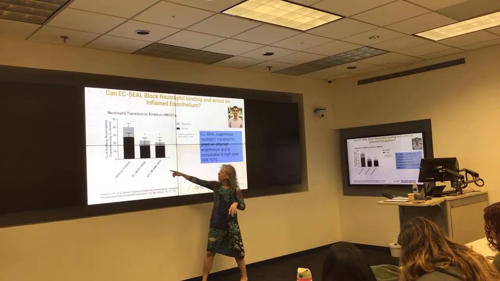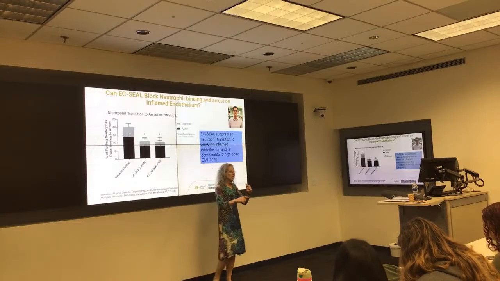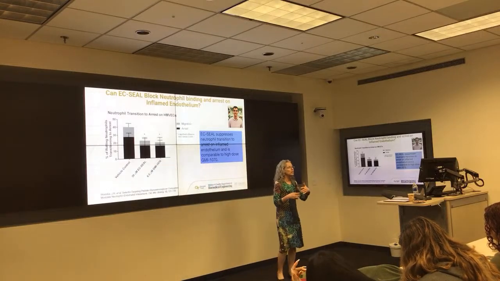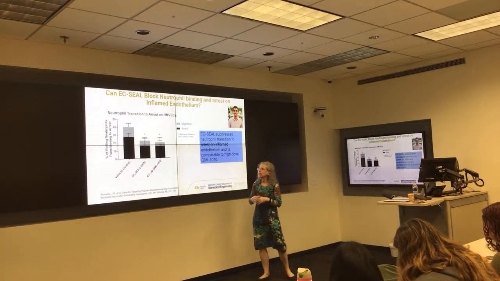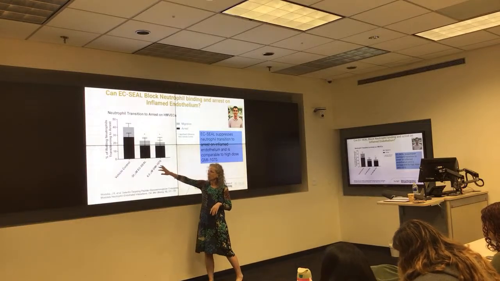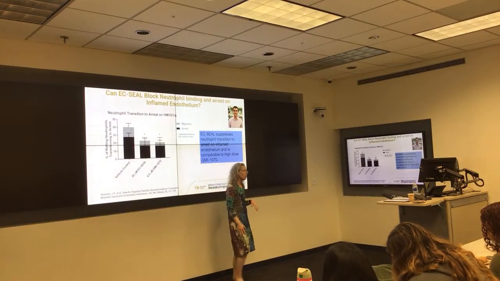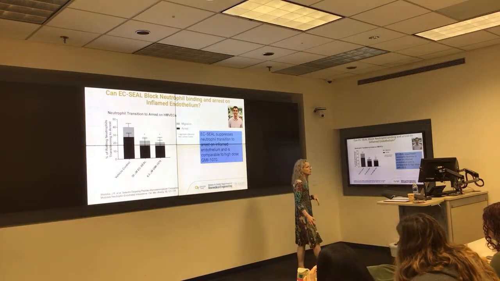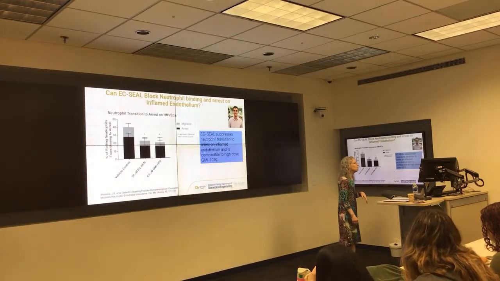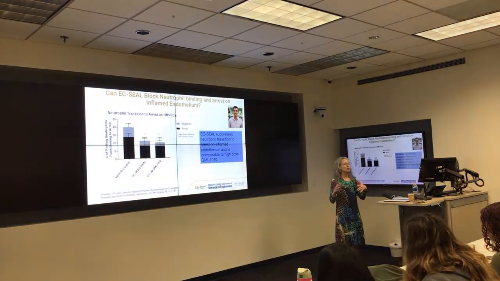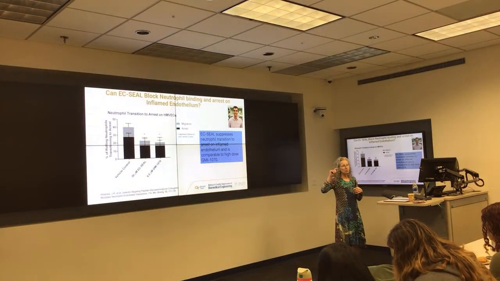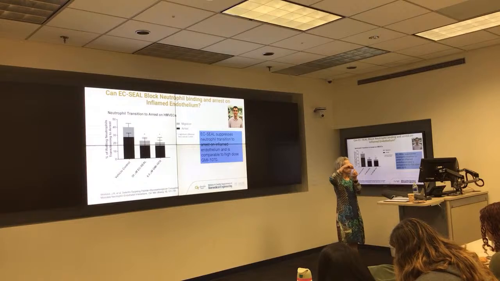If we treat with our molecule, we reduce the number of neutrophils that slow down and those that are trying to migrate through. And it works similarly to a pan-selectin inhibitor that's a small molecule. We tested it, was in human clinical trials at the time. In vivo, our molecule should work better than the small molecule, because the small molecule will bind one receptor. So if it comes off, it flows away.